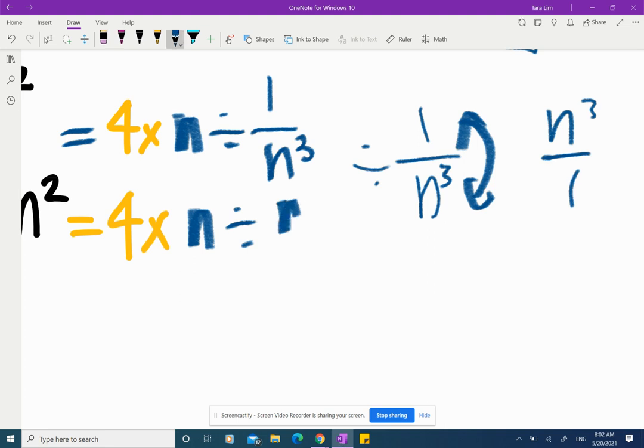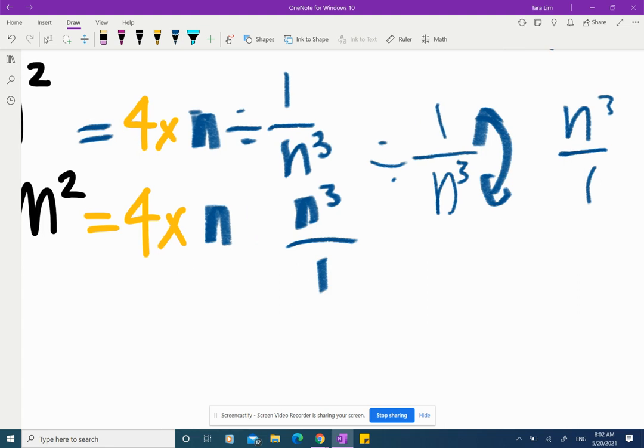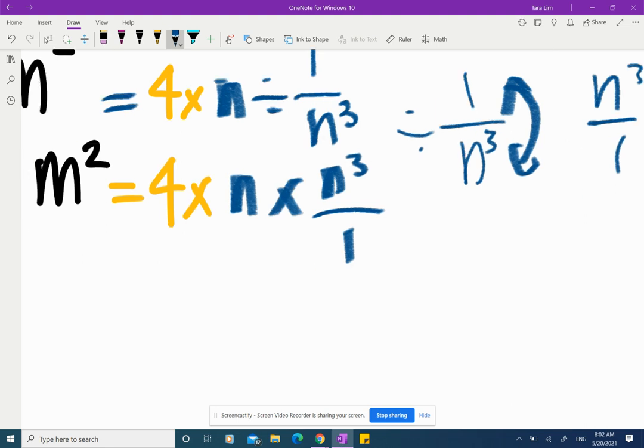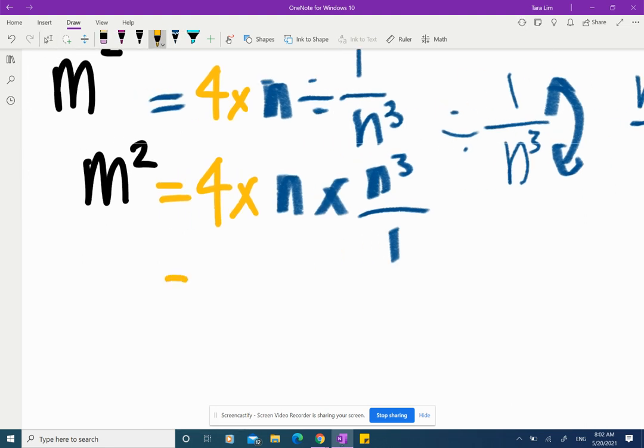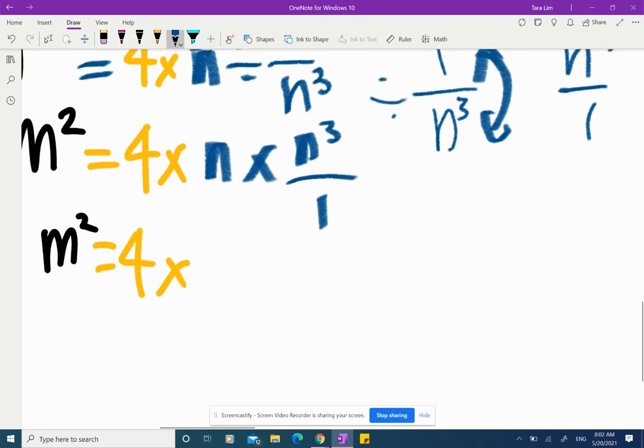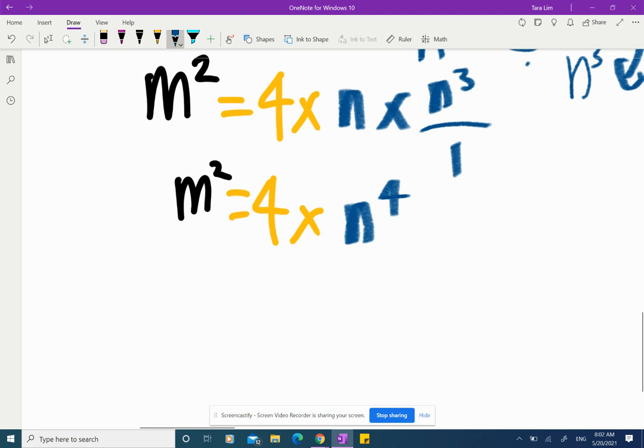And when we do that, we must also change the division sign into multiplication. So now we're timesing them: n times n to the power cube. Remember, n to the power cube over 1 is the same as n to the power cube. So n times n to the power cube gives us n to the power 4.